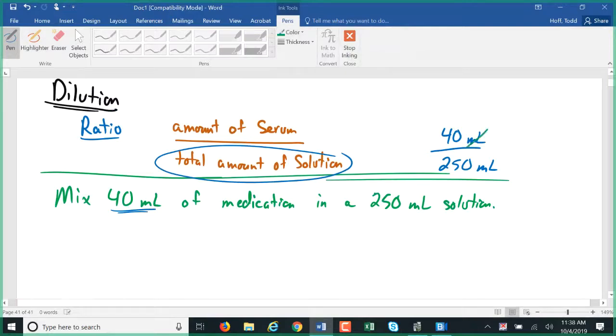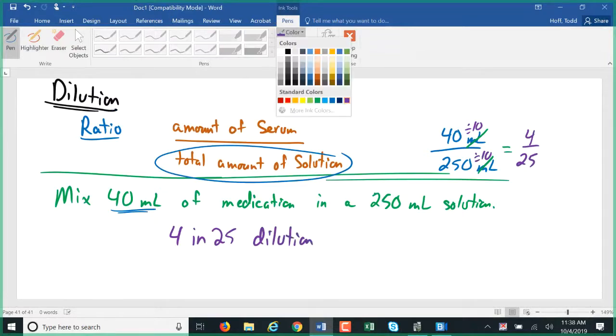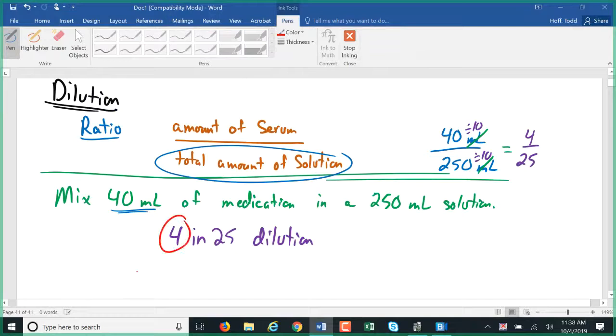Reduce that, of course the milliliters cancel out. 40 and 250 can be reduced, both divide by 10. And then we can divide by 10, that gives us 4 over 25. And that's as far as we can reduce that as far as ratio is concerned. So that would be referred to as a 4 in 25 dilution. For every 4 parts of serum, we have 25 parts total solution.